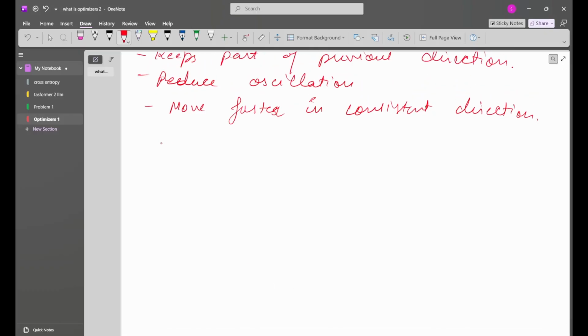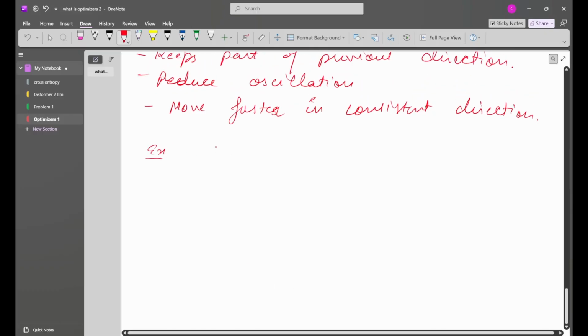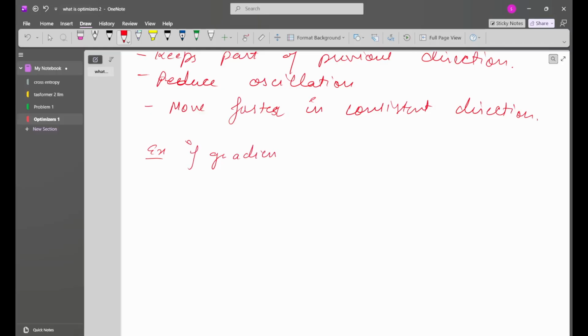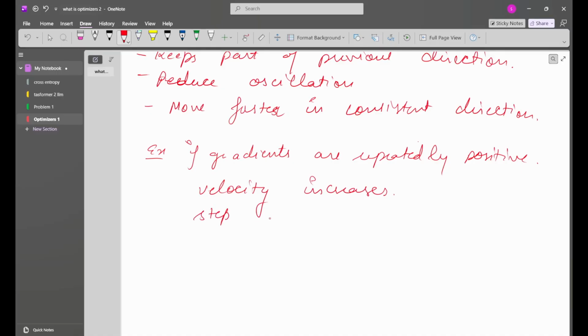Let's understand this using an example. If gradients are repeatedly positive, velocity increases, steps become bigger.